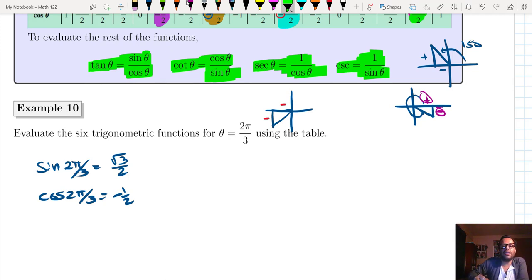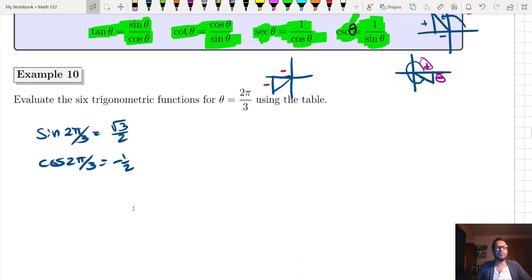Notice it's sine over cosine, and cosine over sine, which is the reciprocal, is cotangent. Notice how secant is the reciprocal of cosine and cosecant is the reciprocal of sine. By the way, I forgot the theta symbol for cosecant, so you might want to write it down. There should be a theta symbol here.